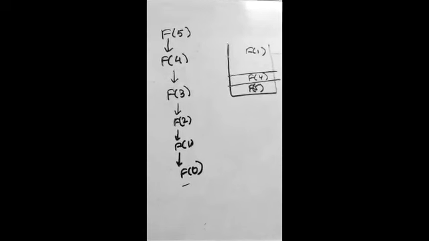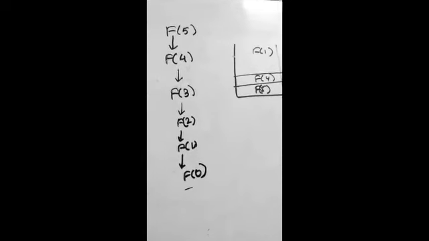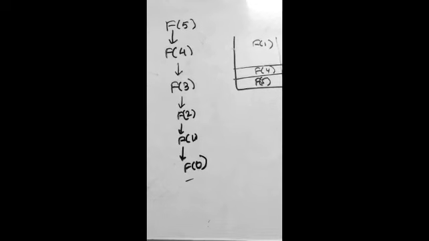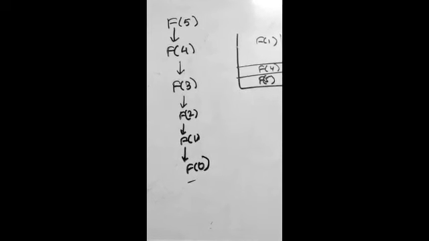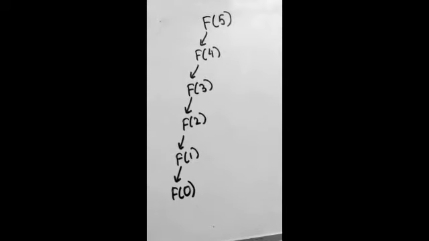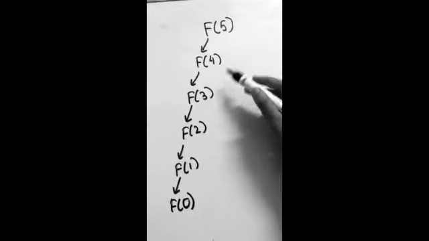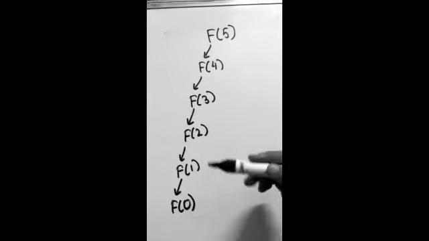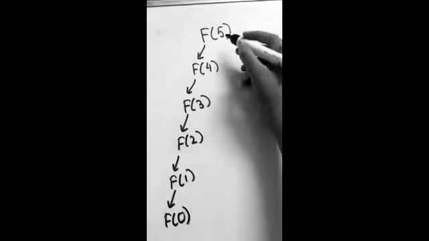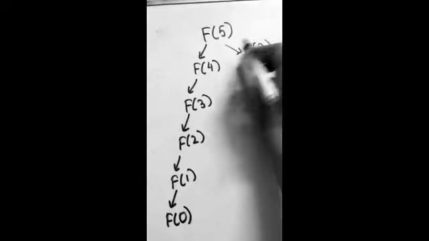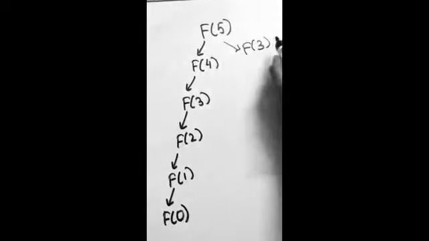Now to find the recursion tree, I'm going to erase this and make it in such a form that it is easier to accommodate as many functions as possible. Let us find the recursion tree from here. So we have f5 going down to f0 as discussed, and it forms an implicit stack. So f5 will call f3 also, like the sum of these two gives birth to this.